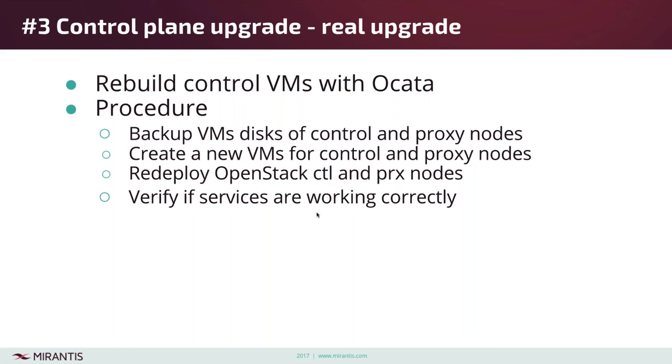But if we could do both in parallel, it would reduce that downtime to basically just the time it takes to disable the services, do a database sync, backup, dump the database, restore that database on the other side, and do a database sync.